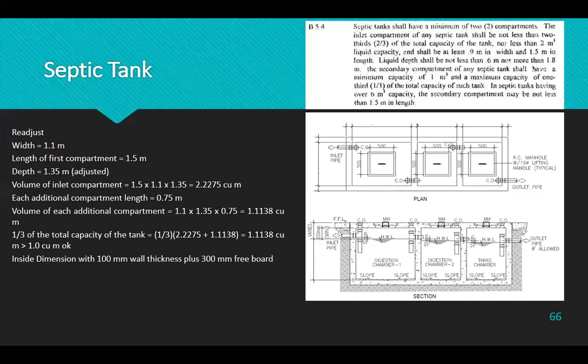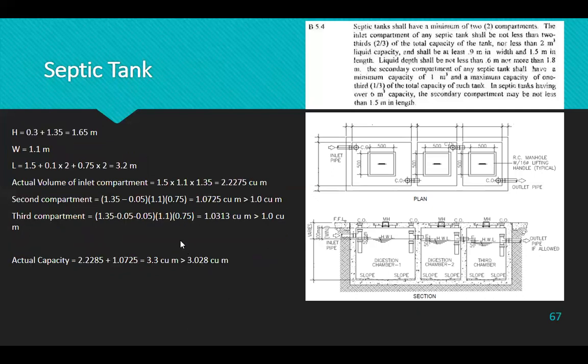Now the 1/3 is 1.1138 cubic meters, greater than 1 cubic meter. Okay. So inside dimension with 100 mm wall thickness plus 300 mm freeboard, H is 0.3 plus 1.35 is 1.65. Width is 1.1. So length is 1.5 plus 0.1 times 2 plus 0.75 times 2 or 3.2.